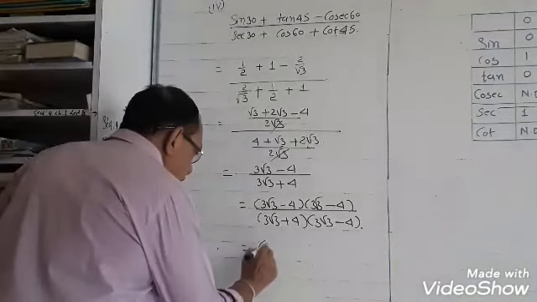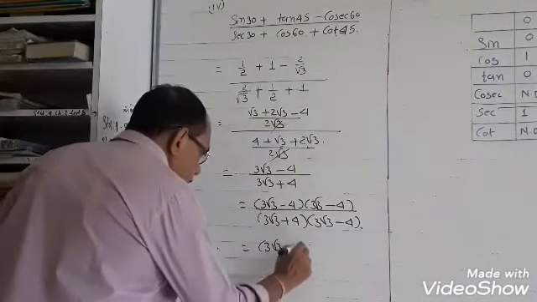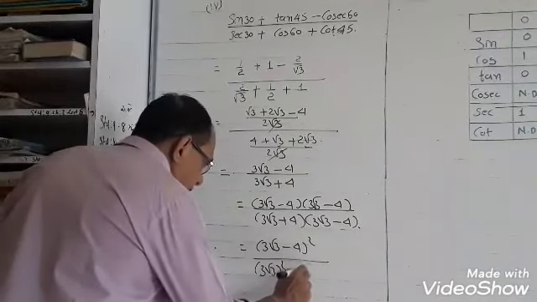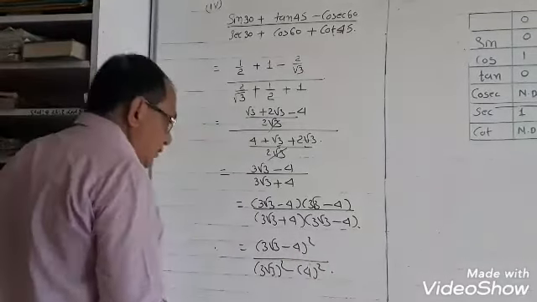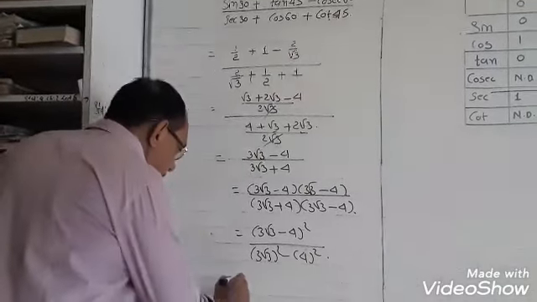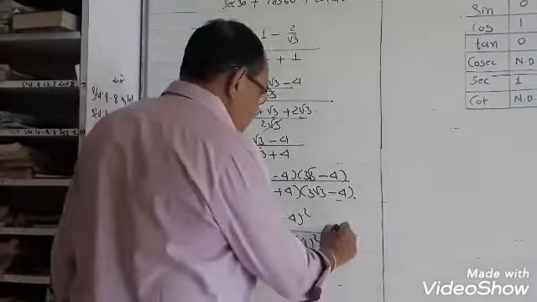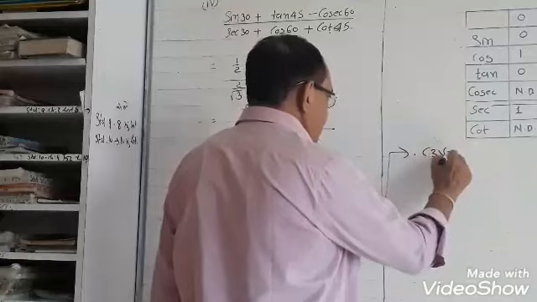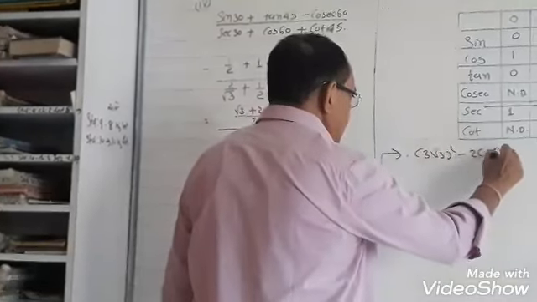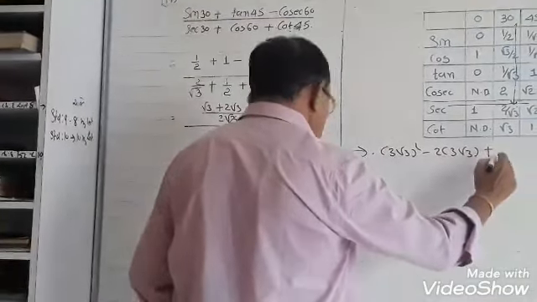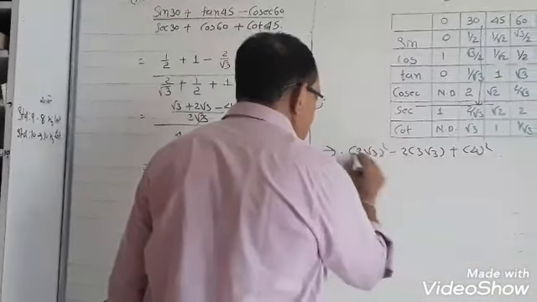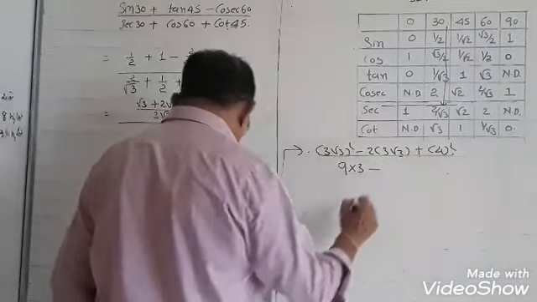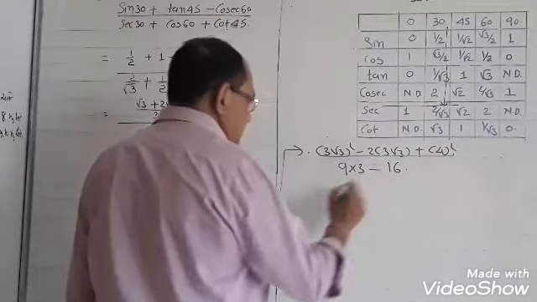So here 3 root 3 minus 4 whole square upon 3 root 3 whole square minus 4 square, using a minus b whole square. 3 root 3 whole square minus 2 times 3 root 3 times 4 plus 4 whole square upon 3 threes are 9 into 3 minus 4 fours are 16.